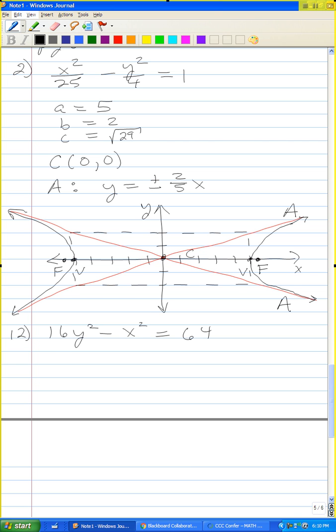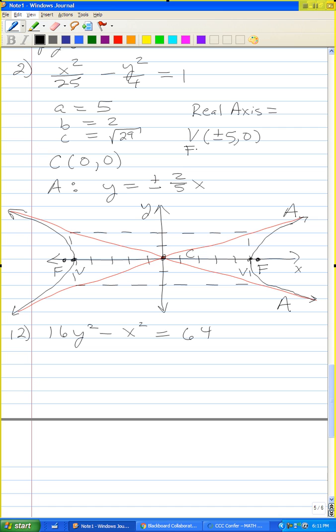Oops, I forgot to give the length of the real axis on the previous problem. I said A, B, C and the asymptote, but I didn't say where the vertices were. So the vertices are at plus or minus 5, 0.